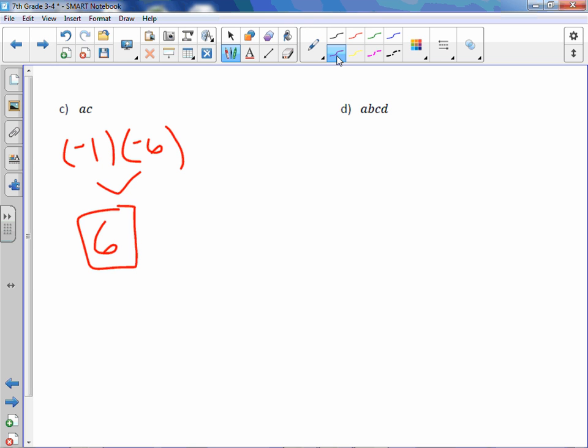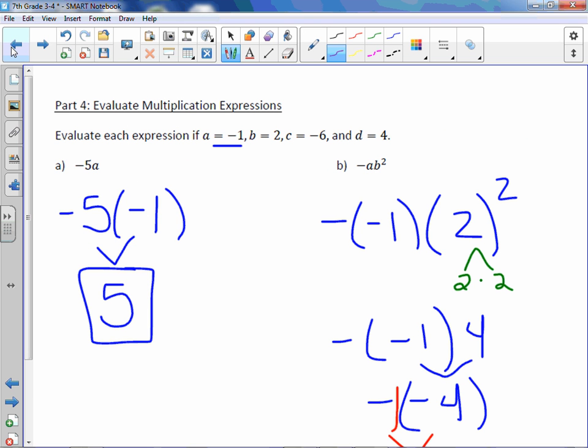Letter D, A times B times C times D. So again, I'm going to put blank parentheses. A is negative 1, B is 2, C is negative 6, and D is 4. And I'm just getting that from my instructions here.